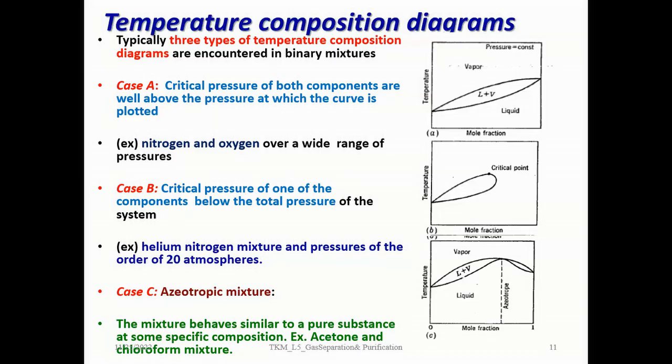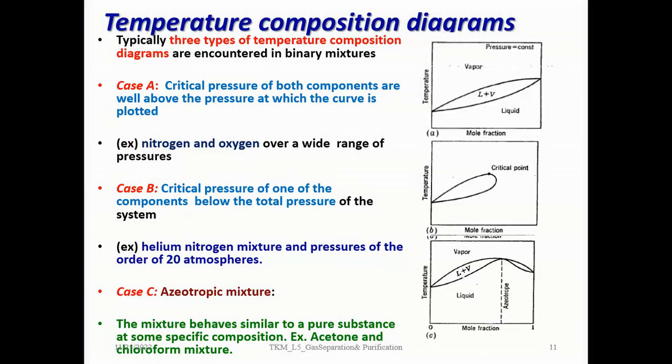For example, consider a mixture of acetone and chloroform, then you have this type of behavior. Okay. So for our present discussion, we are going to consider only case one, that is, the first case where the critical pressures of both the components are well above the pressure at which the curve is plotted.